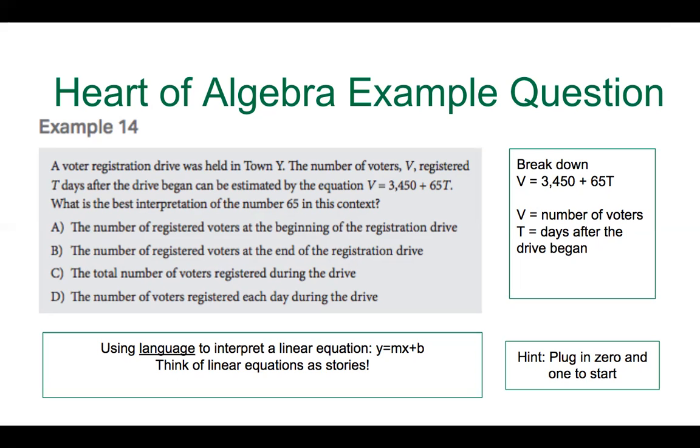So before it starts on day 0, you have that many total voters. And then to see what happens after 1 day, you would plug in 1. So this is a really good way to start understanding, and you can always try by plugging in 0 and 1. So the answer here is D, the number of voters registered each day during the drive.